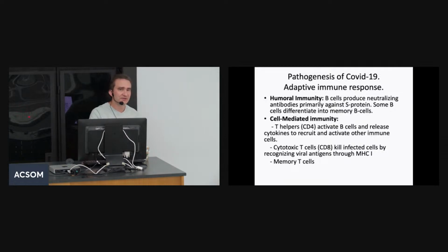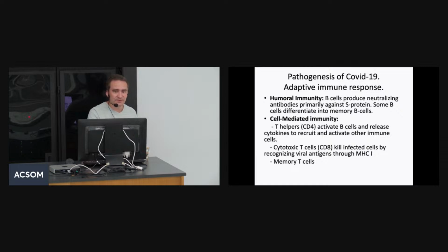And then if you have another interaction with the virus, they'll start making antibodies. So the problem with the S protein is it keeps changing a little bit. That's why there are different strains, and the antibodies may not work very well against new strains if the S protein is different.